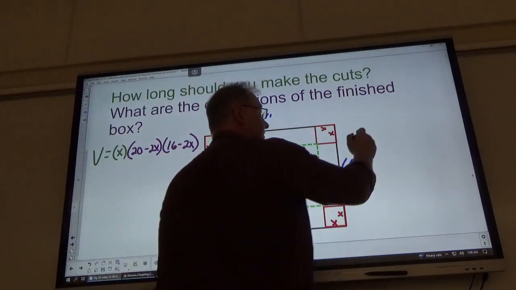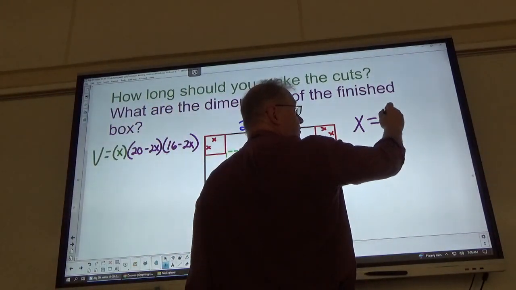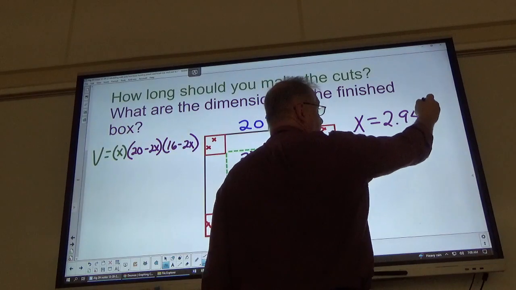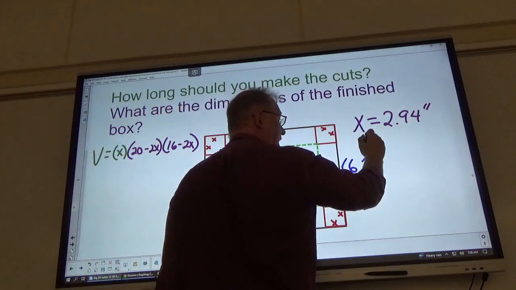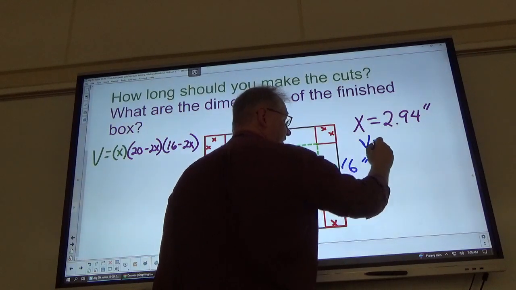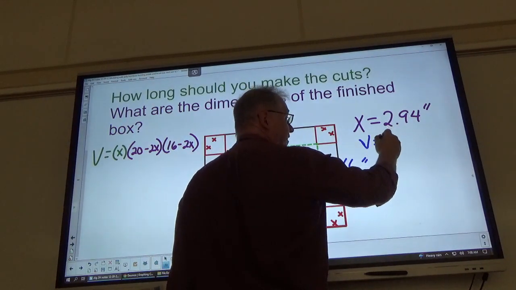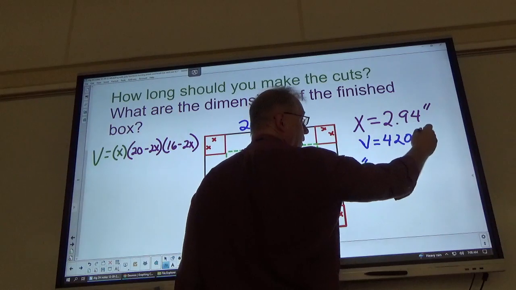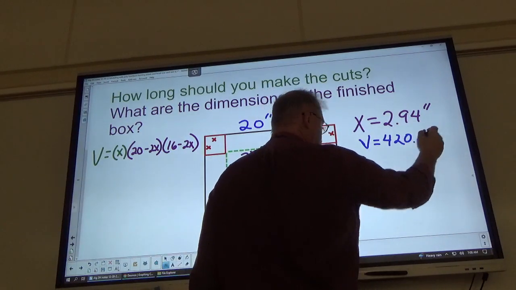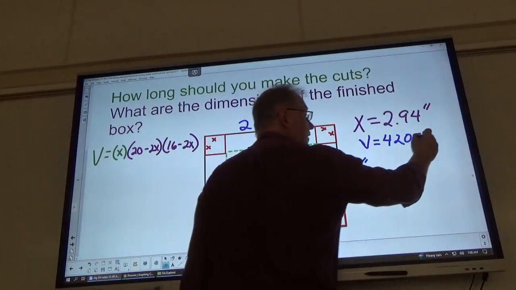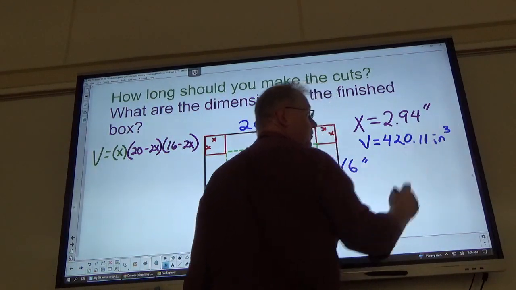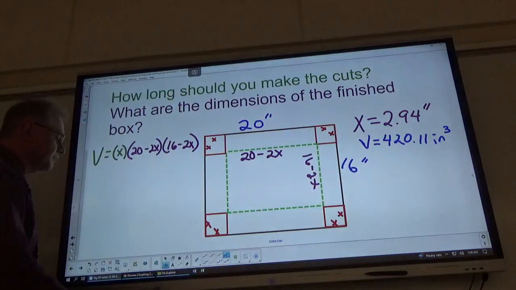So technically, x equaling 2.94 inches, and v, the volume is 420.11 inches cubed.